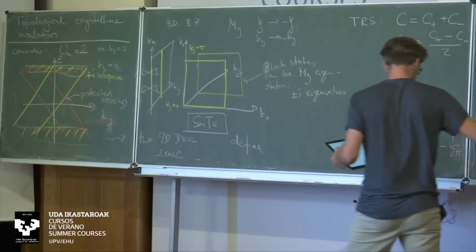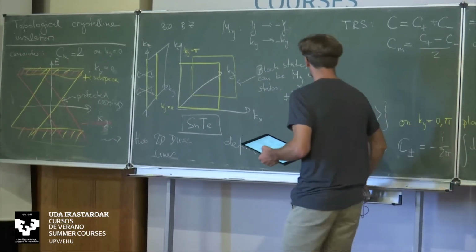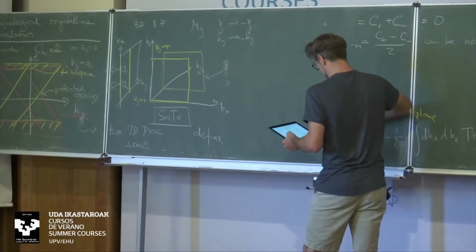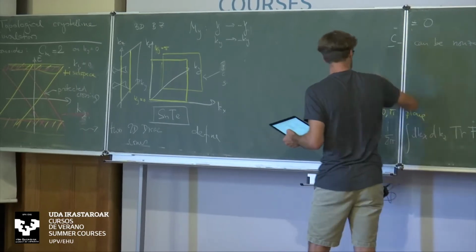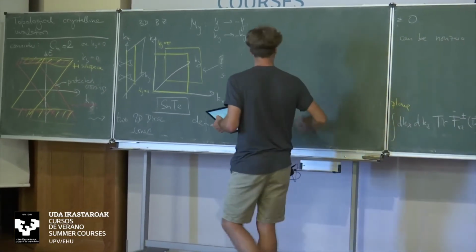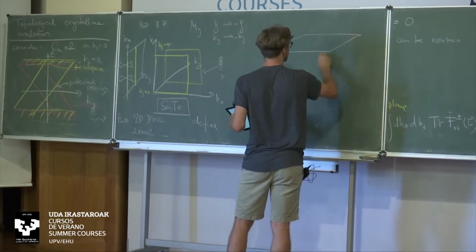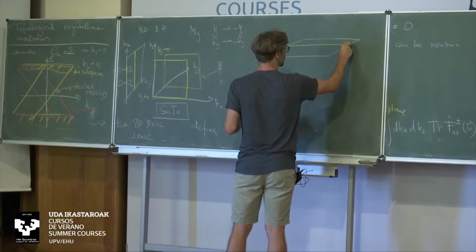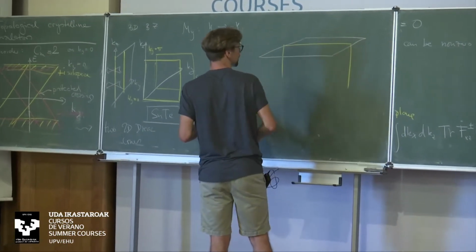So we look at that surface, and so let me draw it again. So we have this surface with these surface Dirac cones, right? So there is the mirror symmetry, and we look at that surface.